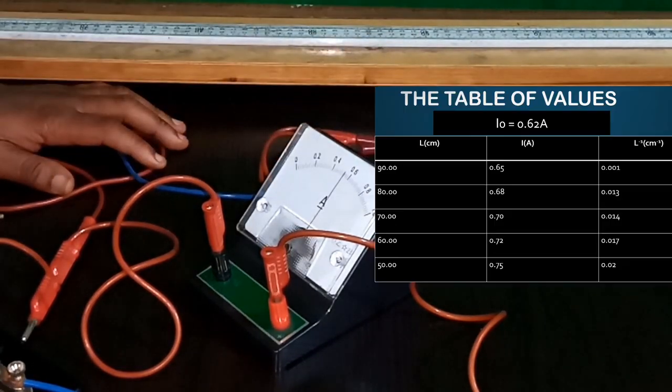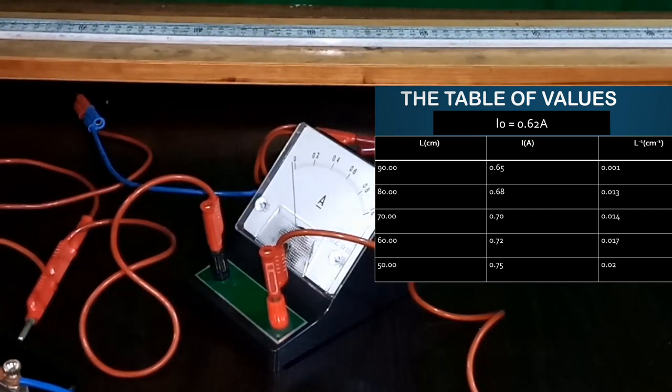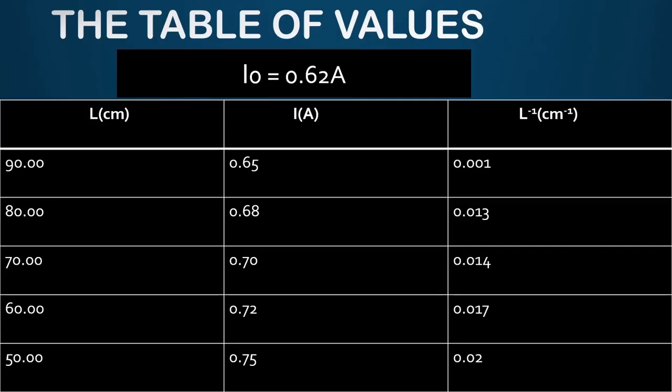So that is why we are using 0.1 ampere. When you put it in 70, it increased a little. When you put in 60, it increased a little, as you are seeing on the table of values. That is the essence of the experiment, that the current will be increasing for a reduction in length.